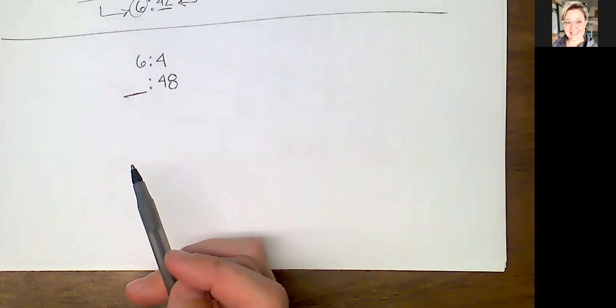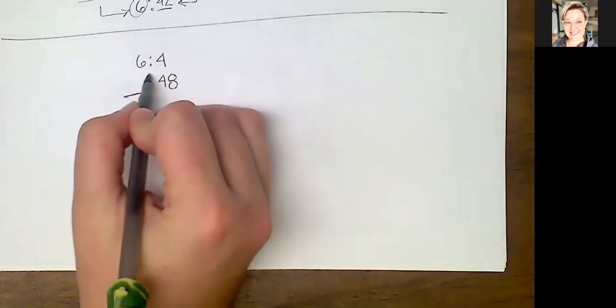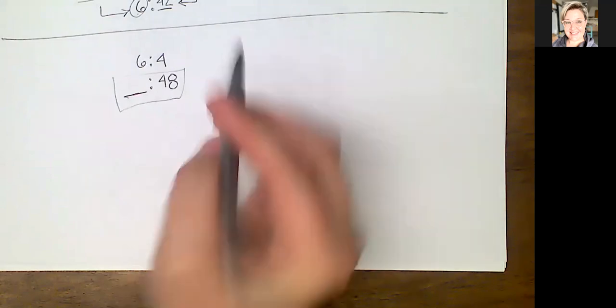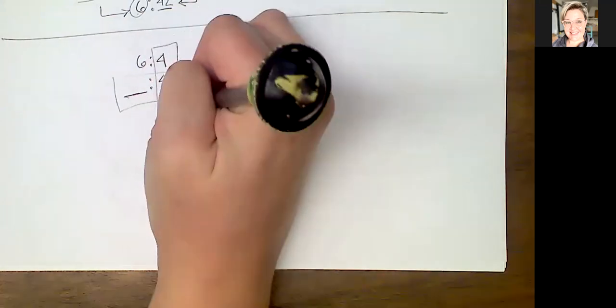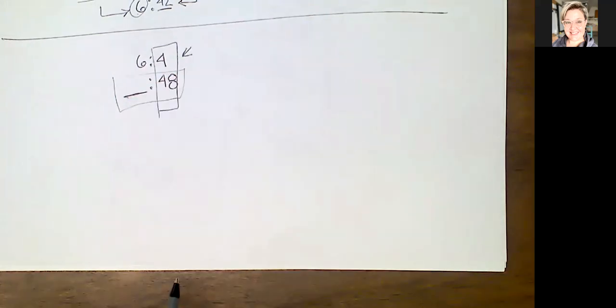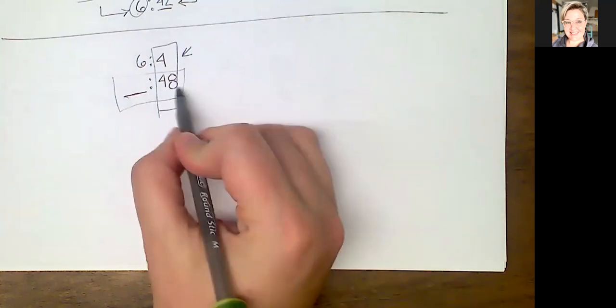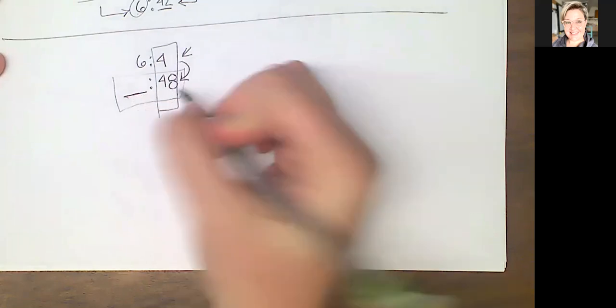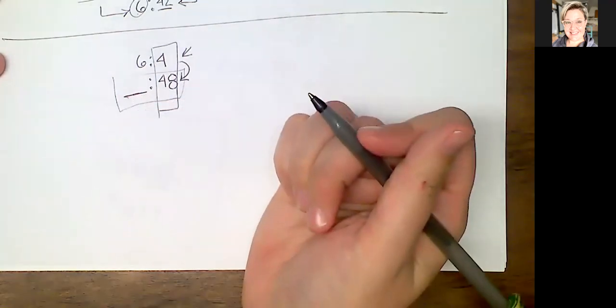The first number is missing from this solution that we're looking for, so we're going to compare the second numbers of the two ratios. These are the numbers we're going to look at first. 6 to 4 and what to 48? To get to 48 from 4, we need to multiply 4 times a specific number.